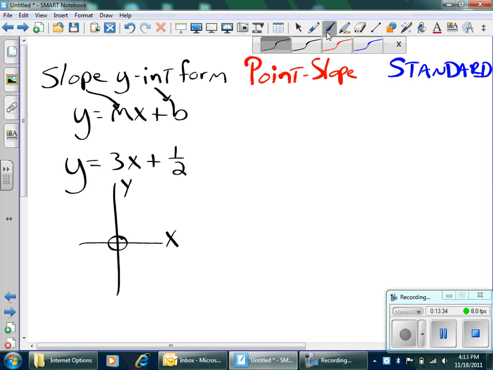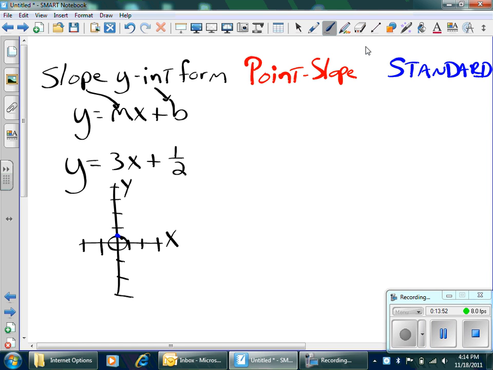Let me change colors. I would go to 1/2.